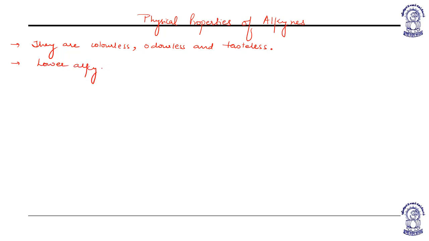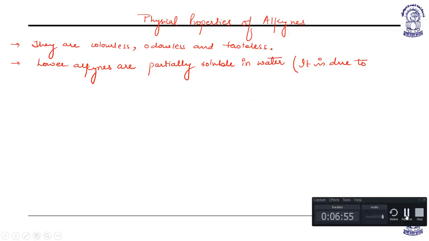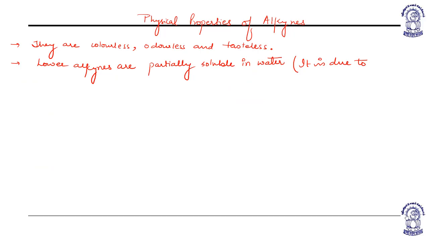Lower alkynes are partially soluble in water. It is due to their polarizability.